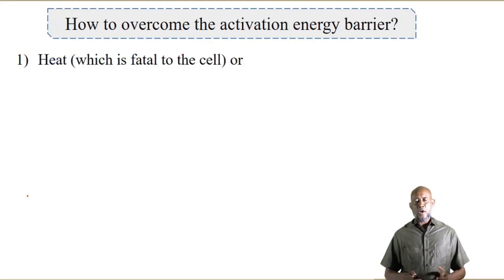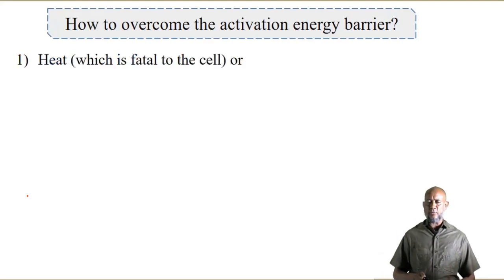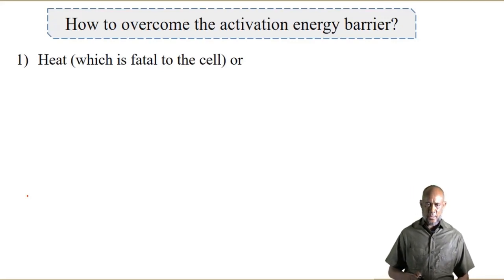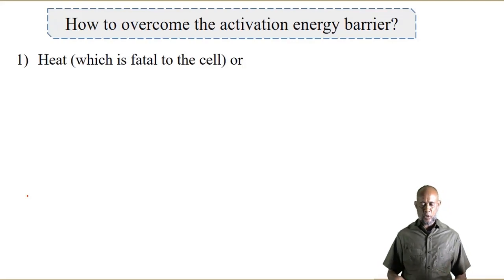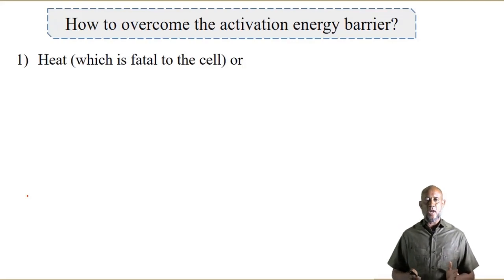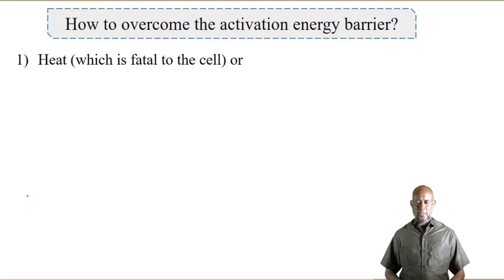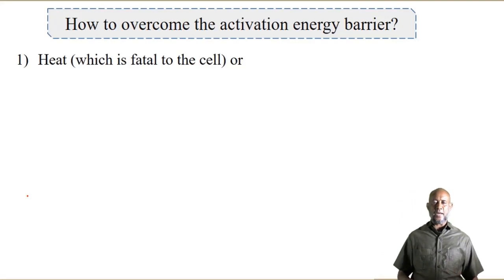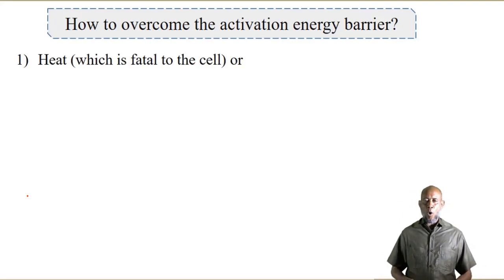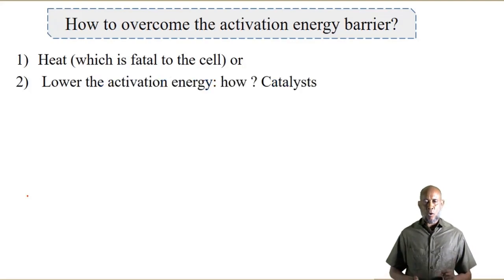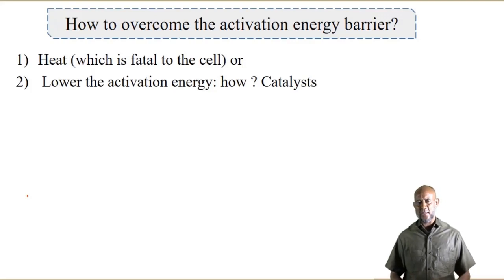First, the molecules must be exposed to heat in order to react, but this is fatal and very dangerous to the cell. Or the cell must lower the activation energy. How? By the catalyst. Which catalyst? The biological catalyst, which is the enzyme.